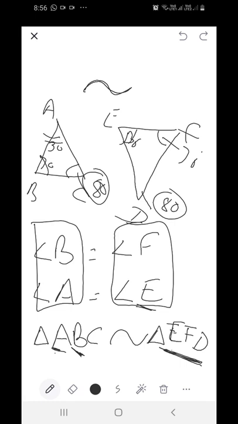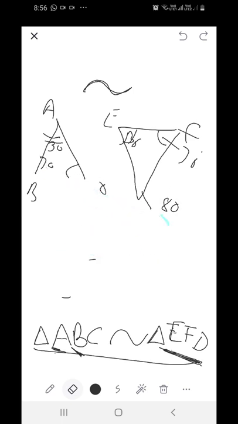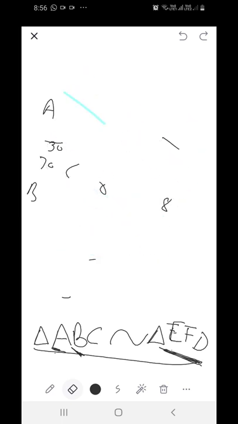As I told you, the triangles do not have equal sides. These two triangles will not be equal in size, but they are equal in shape because angles decide the shape. But the sides will be in some fixed proportion.